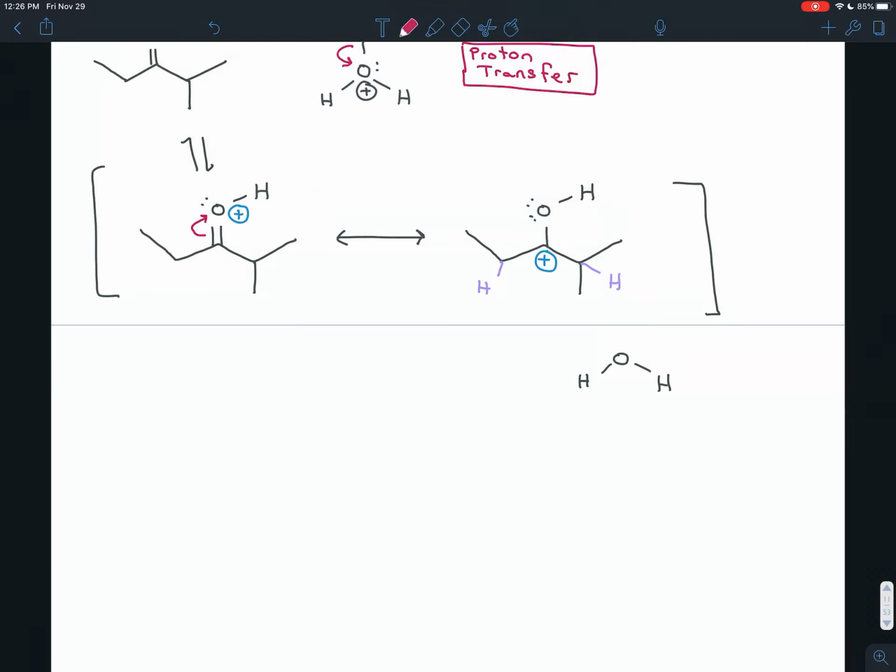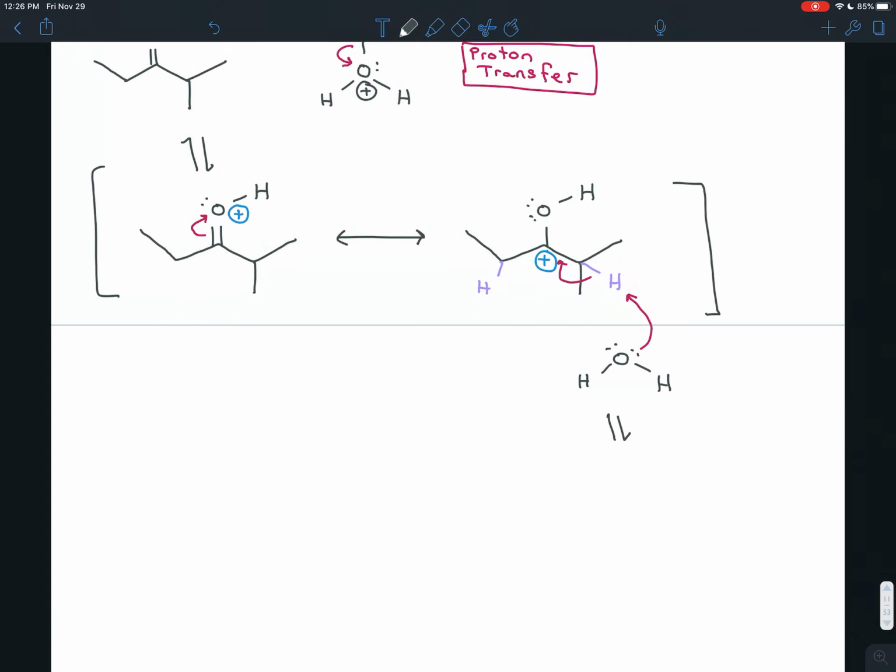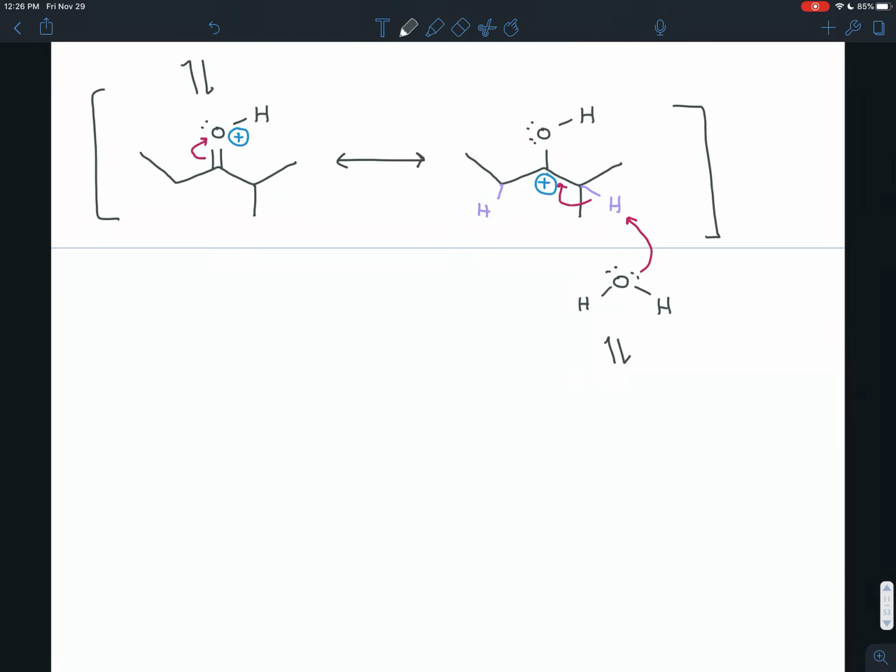So our base, our water, slightly negative oxygen there, steals that hydrogen. The electrons go toward the positive charge to form a pi bond. In that case, you form a pi bond that is tri-substituted.